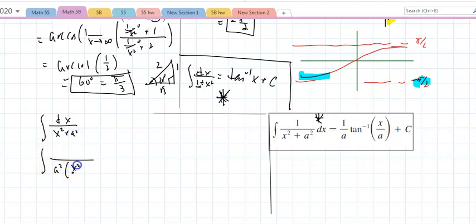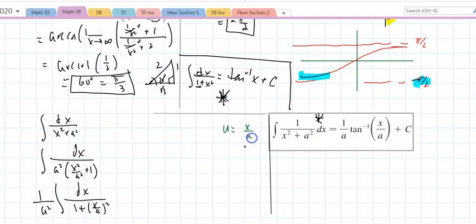That will make it x squared over a squared plus 1 dx. I would factor out an a squared completely and say that is dx over 1 plus x over a squared. And if I let u equal x over a, then du is dx over a, and dx will be a du.